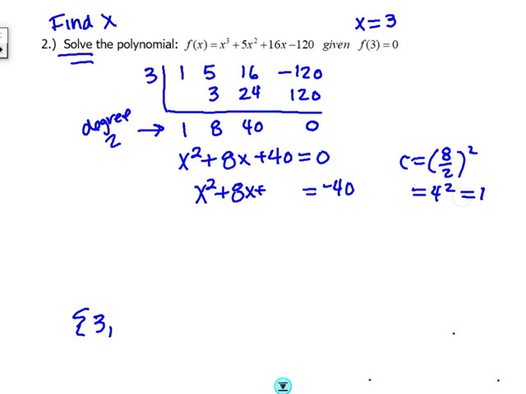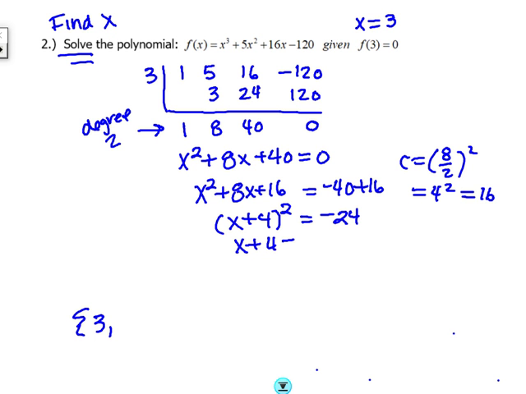So 4 squared, which is 16. Add that to both sides. Factor this. So it's going to be what multiplies to give you 16, but adds to give you 8. Should be 4 and 4. So that's where we get x plus 4 squared. Combine these terms, you get negative 24.